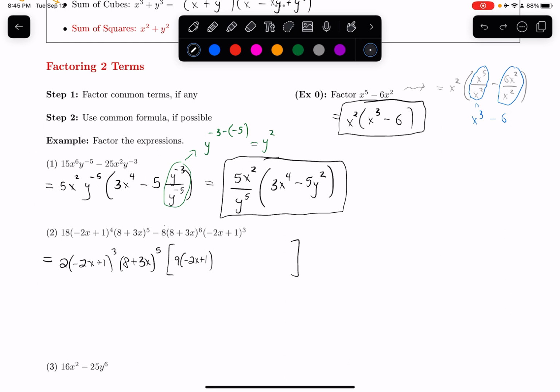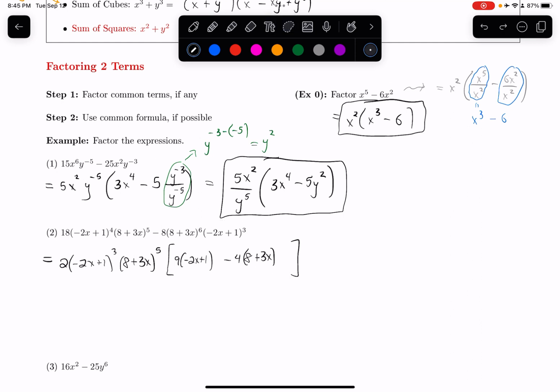From the next term, with the negative 8, when I took out this 2, I'd be left with minus 4. And then I'll be left with an 8 plus 3x. There were 6 of them. I took out 5, so there's just 1 left over. And then I took out all 3 of these negative 2x plus 1s from that second term. So these are all the leftovers now from that second term.